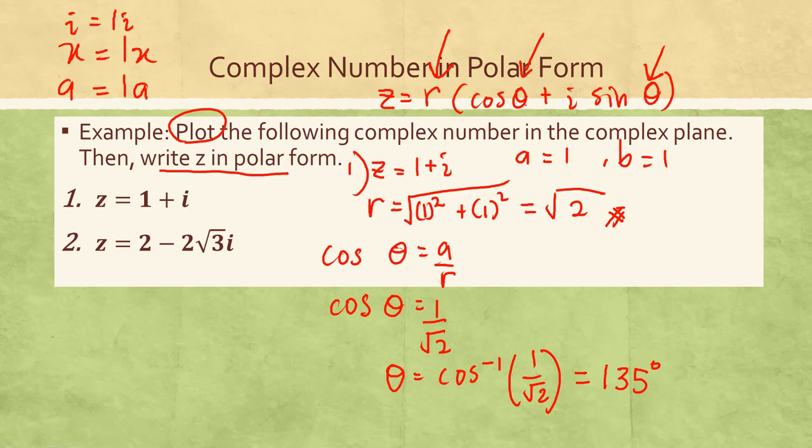Once you get it, see, the theta here is the same as this theta. Same symbol, meaning they share the same angle. So therefore your Z is equal to square root 2 cos 135 degrees plus i sin 135 degrees, like that.